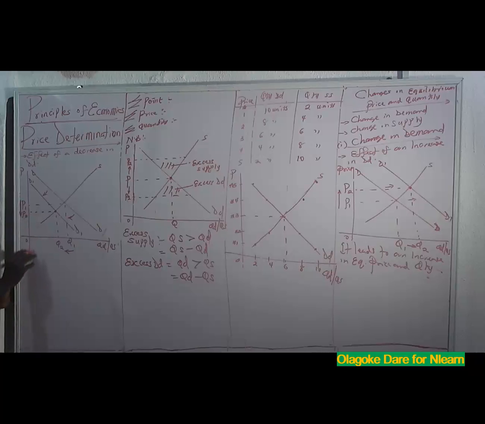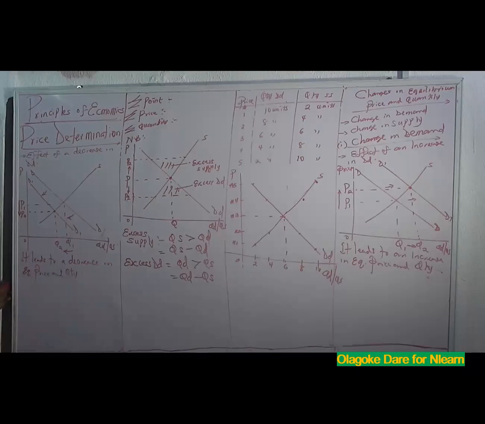So it leads to a decrease in equilibrium price and quantity. So when there's a decrease in demand without a corresponding change in supply, it will bring about a decrease in equilibrium price and quantity.